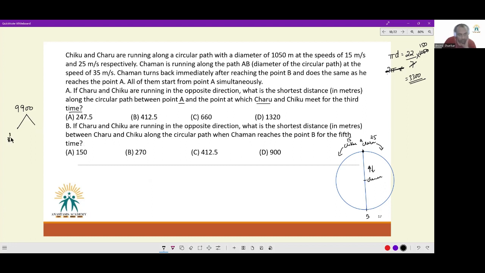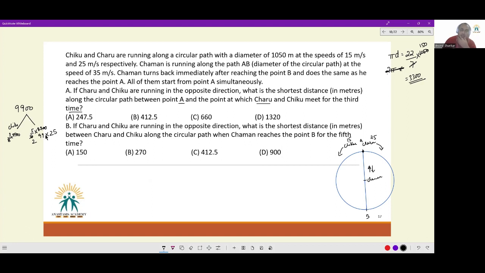So 3 by 8 into 9900 would be the distance traveled by Chiku, and 5 by 8 into 9900 would be the distance traveled by Charu. I am going with 2, and this 9900 I will write as 99 into 25.